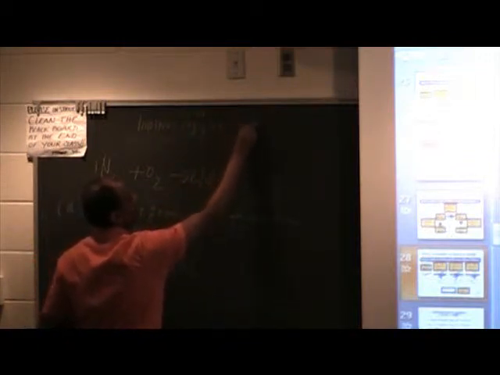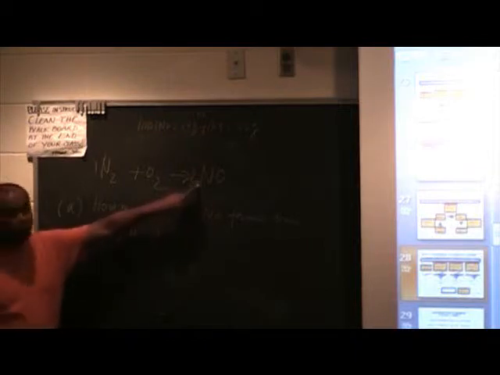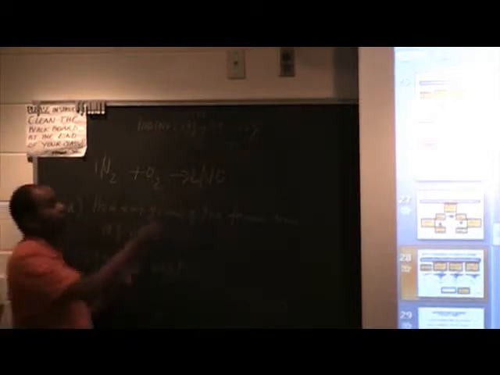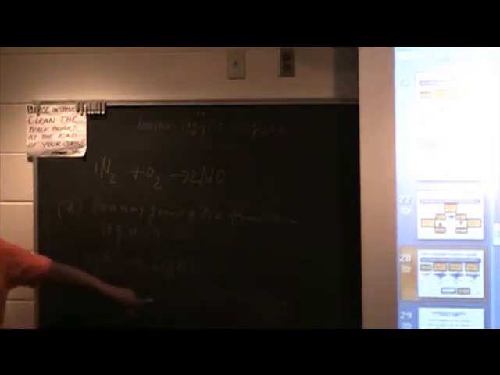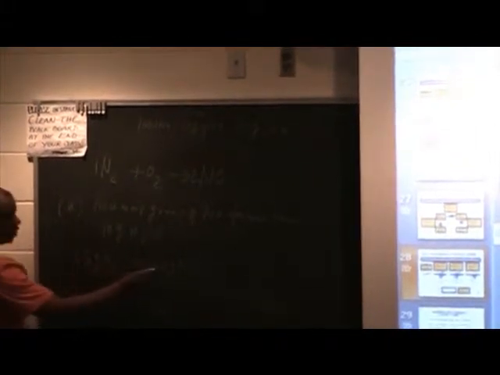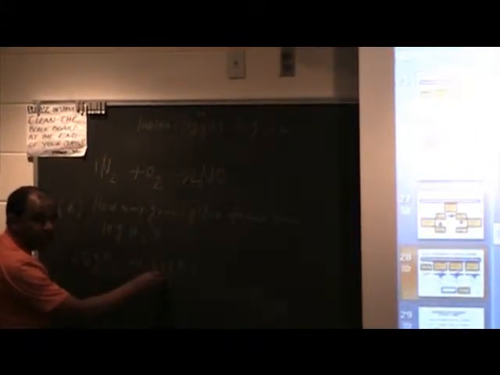That gives me 30 grams. But I have 2 moles of NO, so this has to be multiplied by 2. That's how I came up with 60. Do we agree with that? So 28 grams of nitrogen provides me 60 grams of NO.